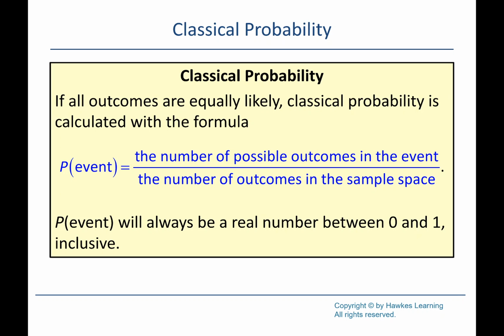Down at the bottom, one thing to mention: probability is always between 0 and 1. It says inclusive, so it can be 0, can be 1. But with probability, we normally don't talk about a probability less than 0 or bigger than 1. You can think about it as a percentage.